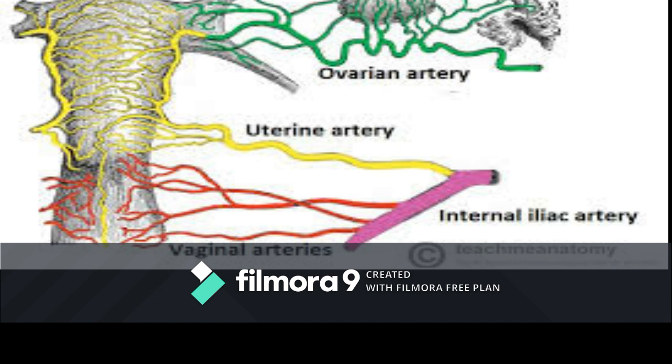There are four arteries involved in supplying blood to the vagina. First is the cervicovaginal branch of the uterine artery, second is the vaginal artery, a branch of the anterior division of the internal iliac artery, third is the middle rectal artery, and fourth is the internal pudendal artery.